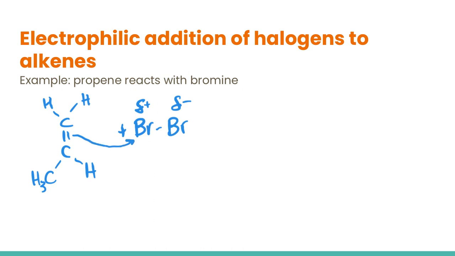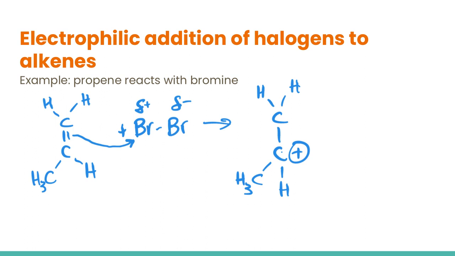So we'll get the same sort of attack here. And that's going to create our carbocation. And that carbocation is going to happen on the more substituted carbon, so the one down at the bottom. And then we are creating a carbon-bromine bond here.